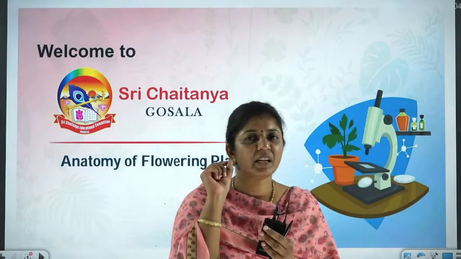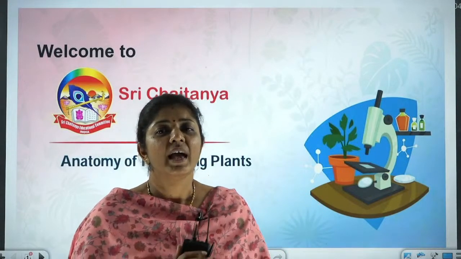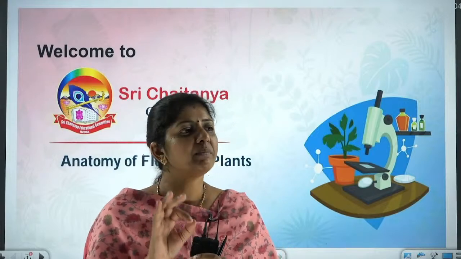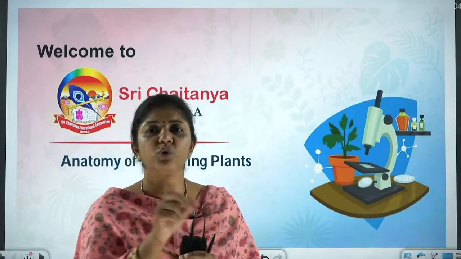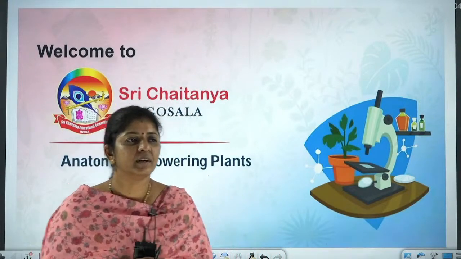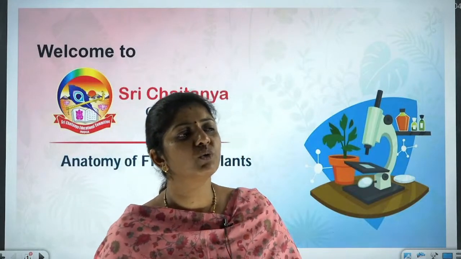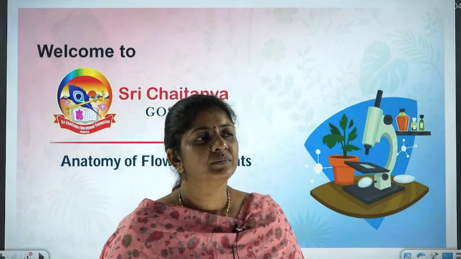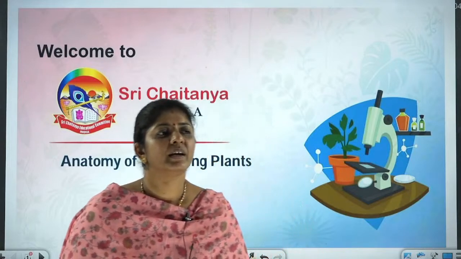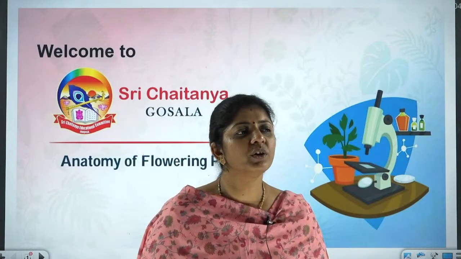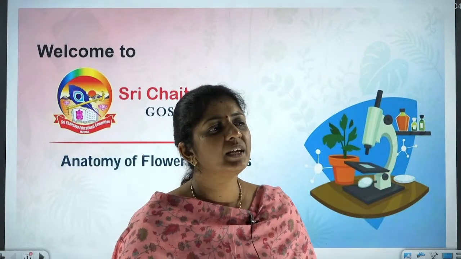Now the last question I am keeping in front of you. The exarch condition will be in which case? In roots or stems? Is the exarch condition in root or in stem? Very nice.